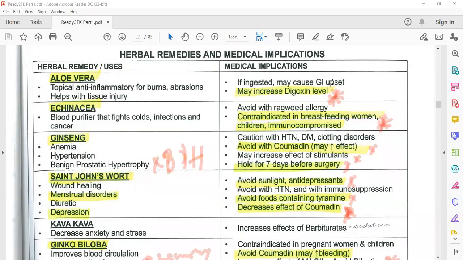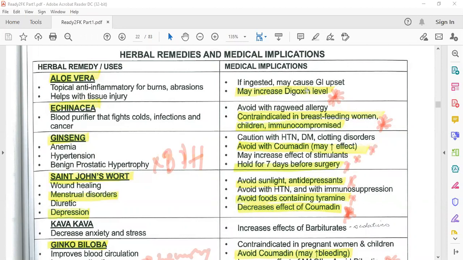GI upset means nausea, vomiting, or diarrhea. So if your patient takes the medication called digoxin, it is important to inform them aloe vera can increase the digoxin level.